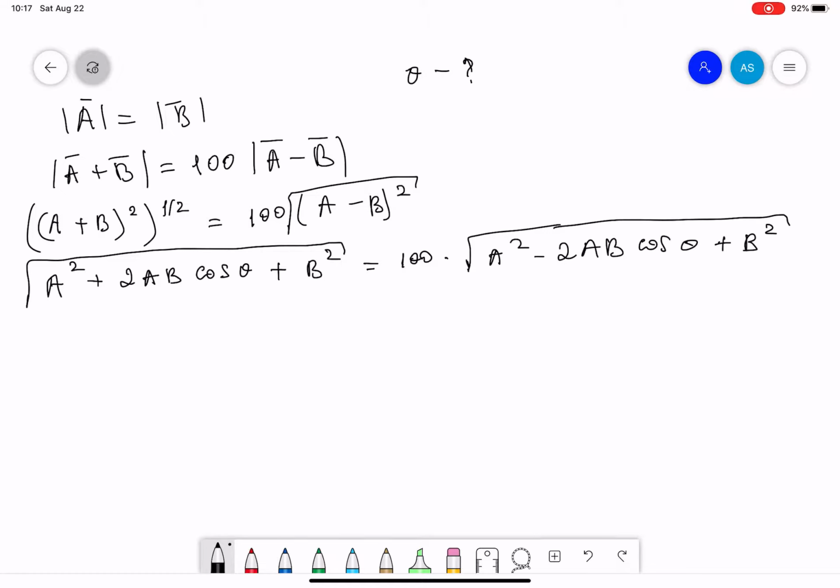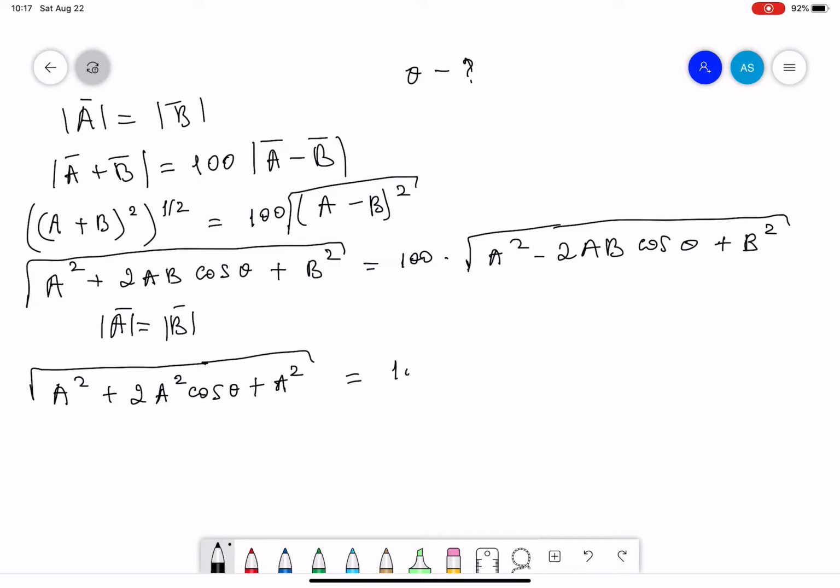Here we said that a in magnitude is equal to b, so we can replace b by a. So a squared plus 2a squared cos theta plus a squared is equal to 100 times a squared minus 2a squared cos theta plus a squared.